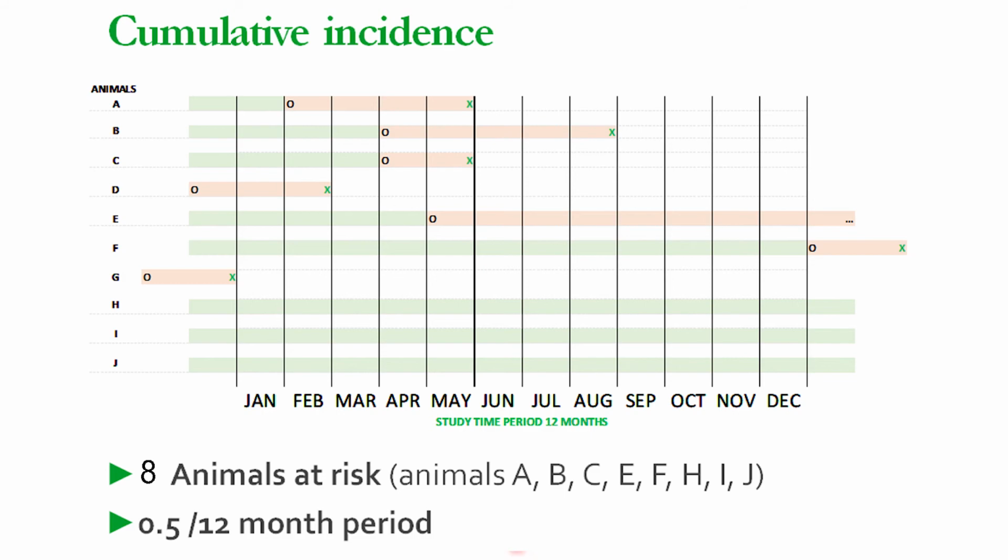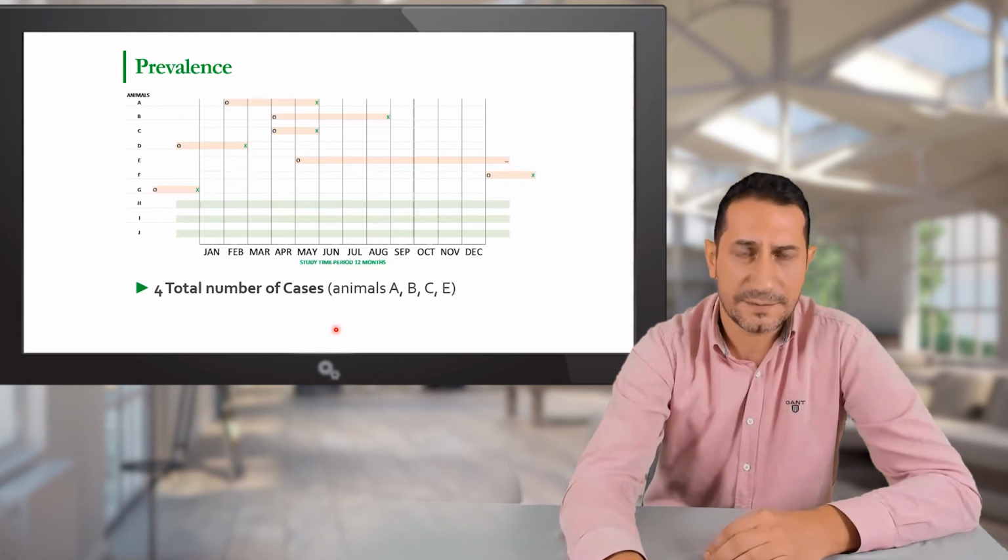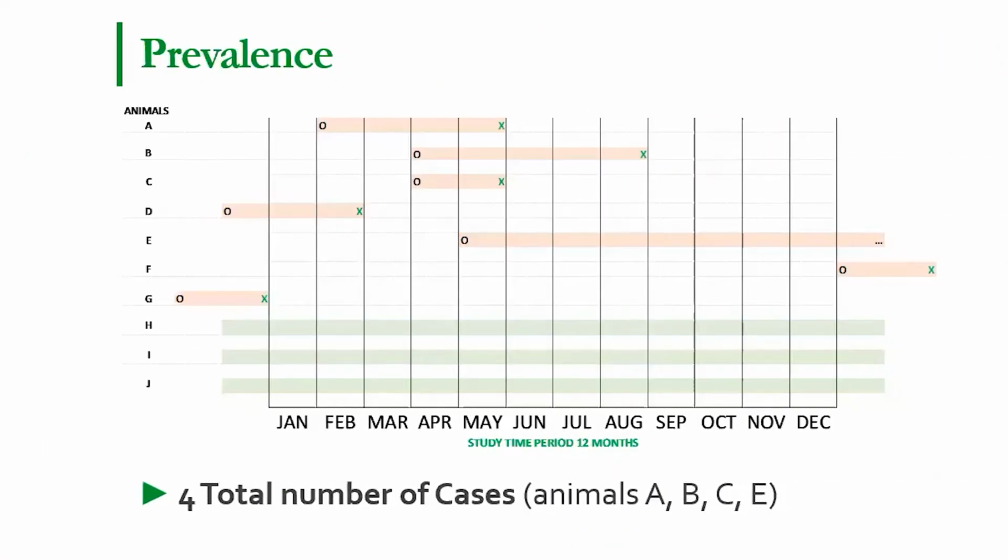Let's see a bit the prevalence now. And the prevalence, as we said, it's a snapshot in time. And then we choose, let's say, the month of May. And during the month of May we count all cases in that period, and we say it's animal A, B, C, and E, again 4 cases.